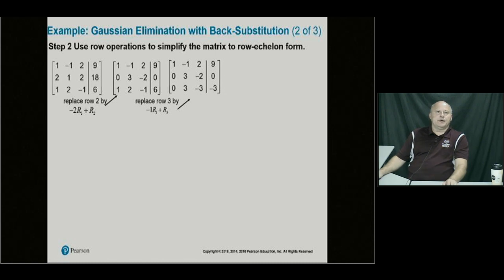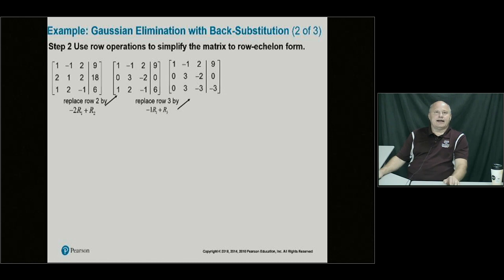Now we're going to replace the second row by multiplying the first row by negative 2 and adding it to row 2. Row 1 doesn't change. It's still 1, negative 1, 2, and the 9. Then we multiply that row by negative 2 and add it to the second row. Negative 2 times 1 is negative 2, plus 2 is 0.